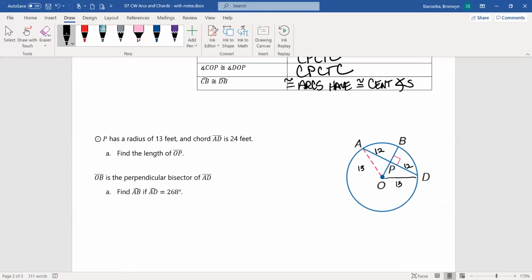I'm going to redraw POD. So we know this is 12, we know this is 13, and using the Pythagorean theorem, the square root of 13 squared minus 12 squared, OP is 5 feet.